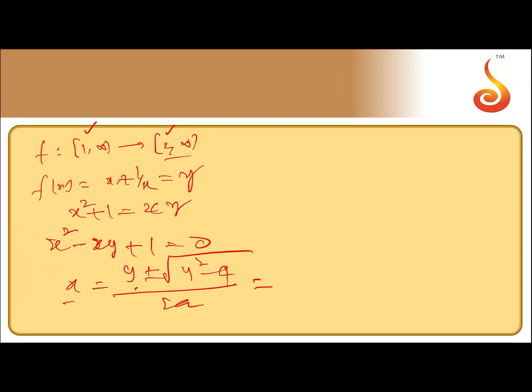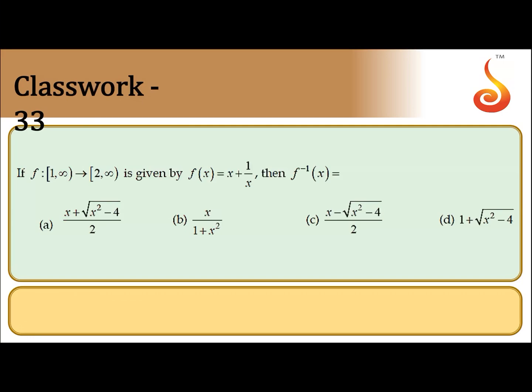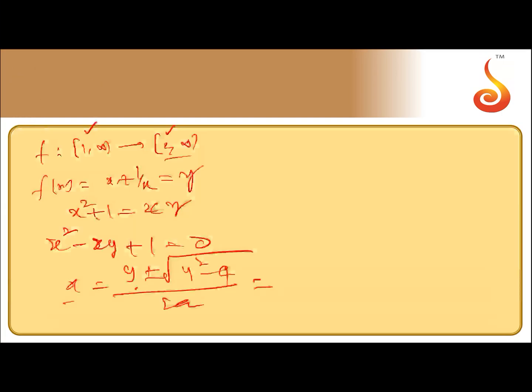Definitely when you take up option-wise, the inverse of the function has x plus root of x square minus 4 and x minus root of x square minus 4. So both are there. Let me identify and find the solution for the problem.